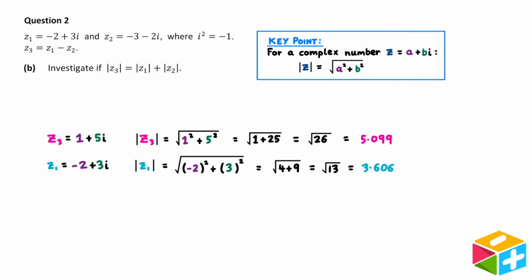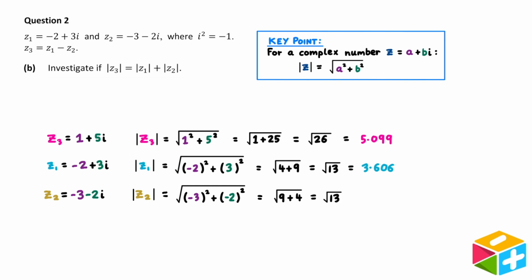Converting to decimal gives us 3.606. z2 is minus 3 minus 2i, so our modulus is minus 3 squared plus minus 2 squared, all under a square root. This simplifies to the square root of 9 plus 4, which is equal to the square root of 13, and if we type this in our calculator, we'll get 3.606.